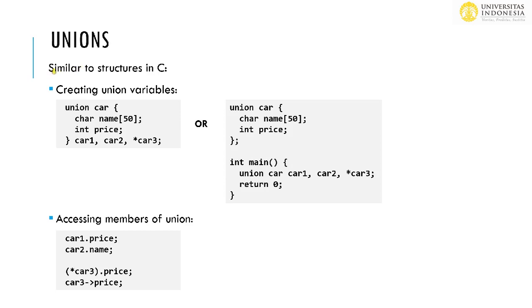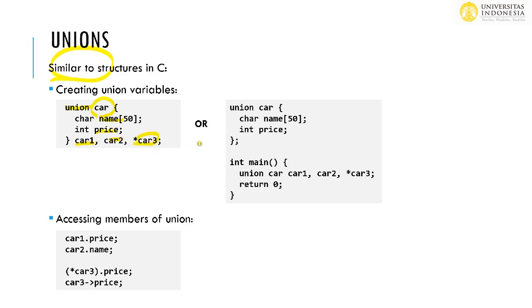So basically a union is similar to a structure. You already learned about structure, right? But in defining the union, I start by mentioning union. For example, the variable name is car, and car has the name of the car and the price, and you define three variables: car one, car two, and one pointer car three.